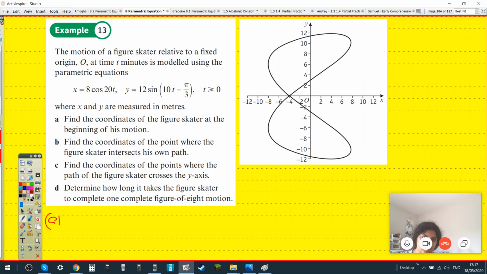So x would just be 8 cos 20, which is, because t is 0, so it would just be 0. Nope. What is cos 0? 1. Oh, so 8. X is equal to 8. Yep.